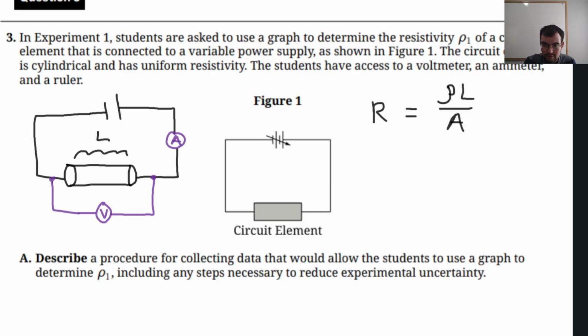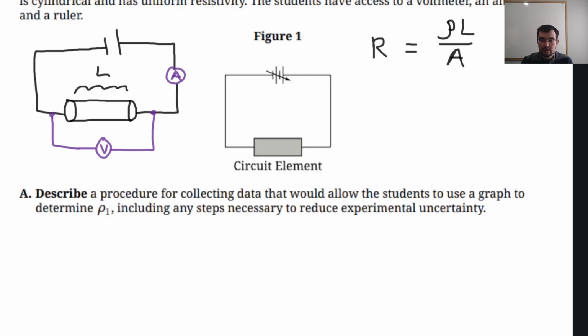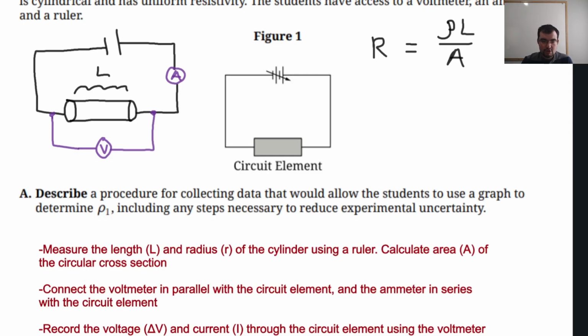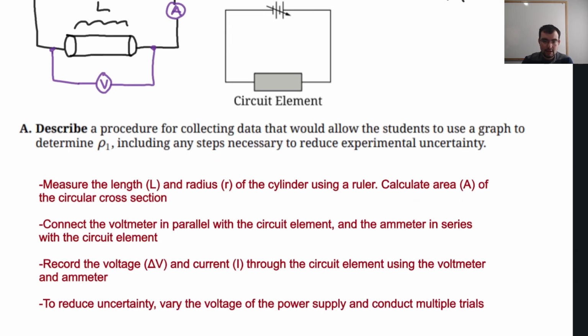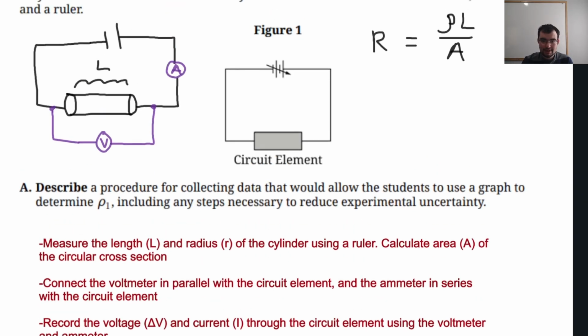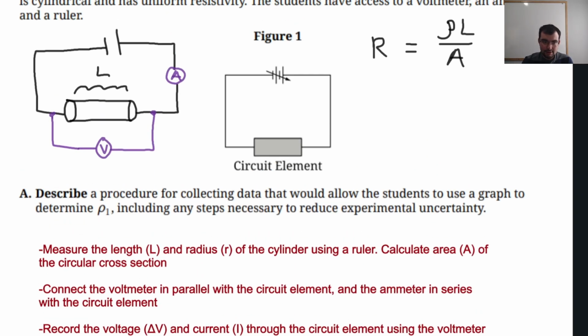So eventually we're going to find resistance. We'll use that with Ohm's law. And then L and A are going to be measured and calculated. So this is actually a kind of an involved procedure for A. Usually it's not this many steps, but hopefully it's nothing we haven't seen before. So I'm just saying something along the lines of measure the length and radius of the cylinder, use that to calculate the area, because we're going to need length and area later.